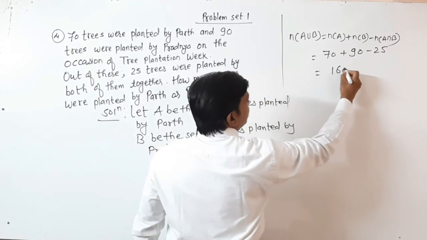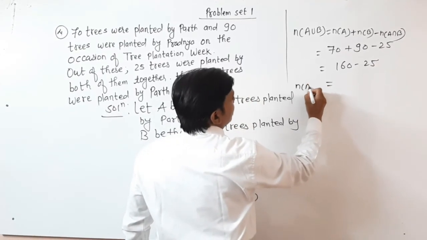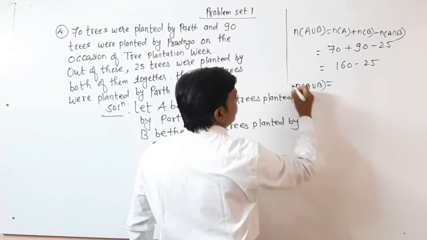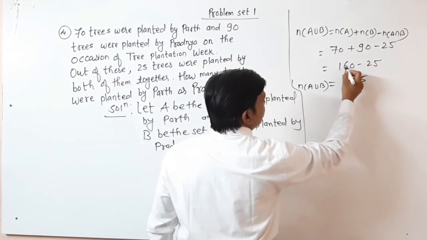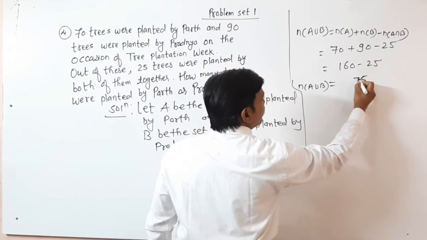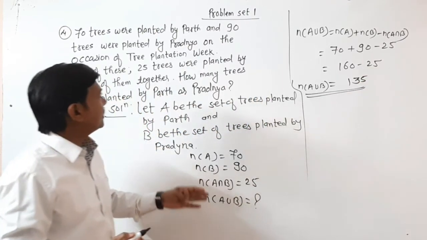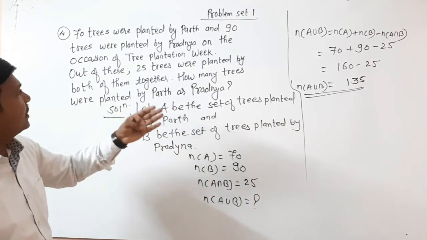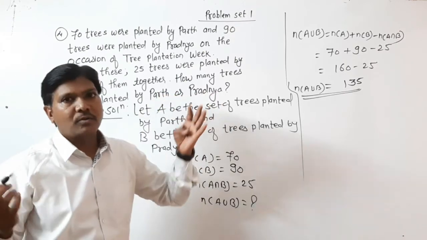So 160 minus 25 is N of A union B. 10 minus 5 is 5, then 5 minus 2 is 3, and 1. So the answer is 135 trees were planted by Parth or Pragya.